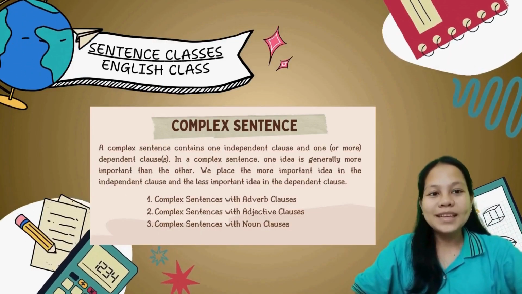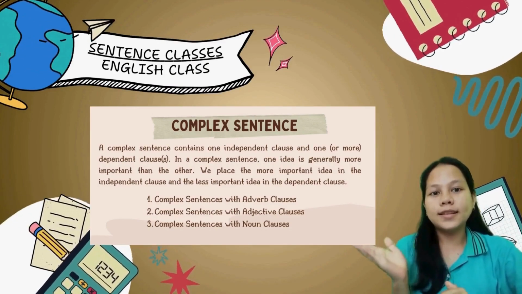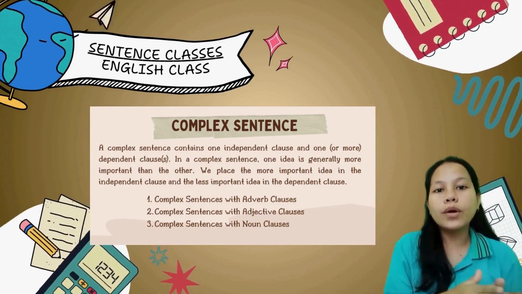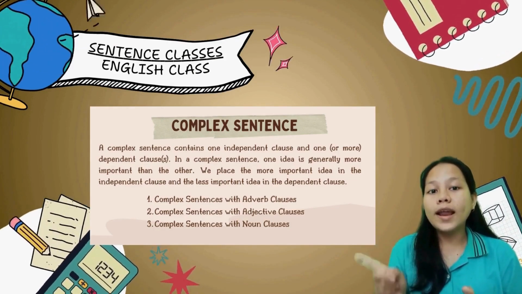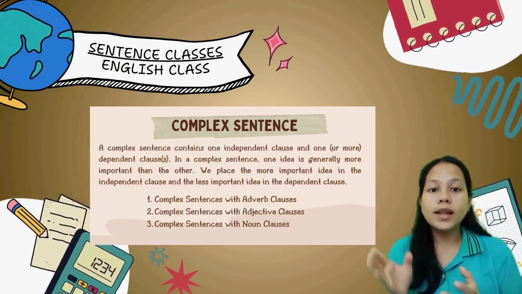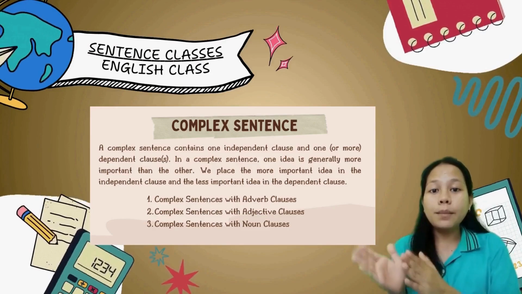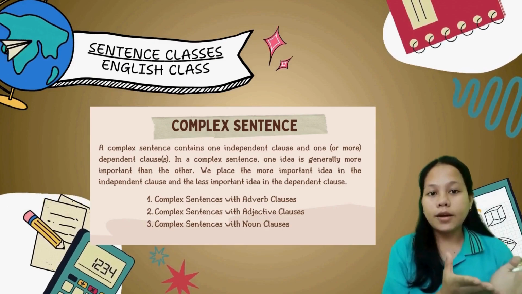Next is the complex sentence. What is a complex sentence? A complex sentence contains one independent clause and one or more dependent clauses. In a complex sentence, one idea is generally more important than the other. We place the more important idea in the independent clause and the less important idea in the dependent clause.